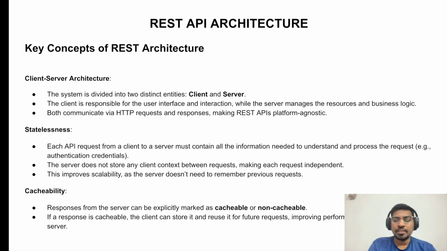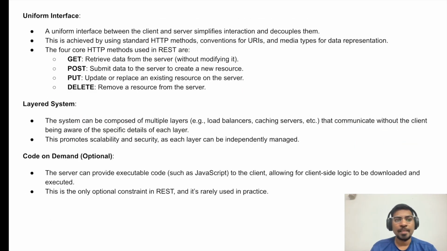So there are two types of responses that we receive from the server: one is cacheable and the other is non-cacheable. If the response is cacheable, it can be stored for future use, which improves performance and reduces the load of sending requests again to receive the same information.